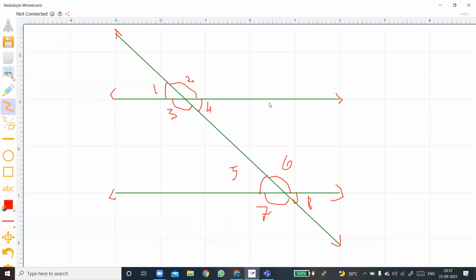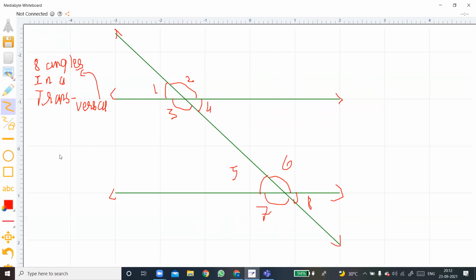So we have 8 angles in total. I'll write it here: we have 8 angles in a transversal.